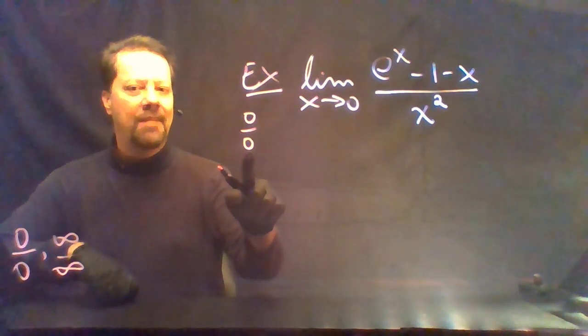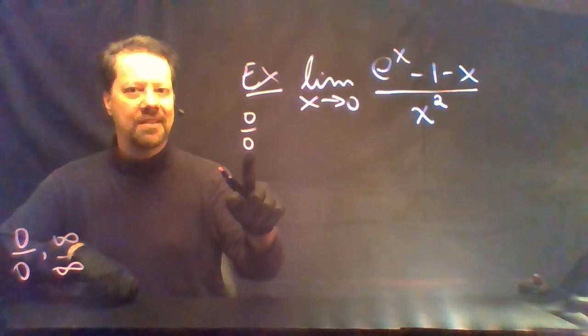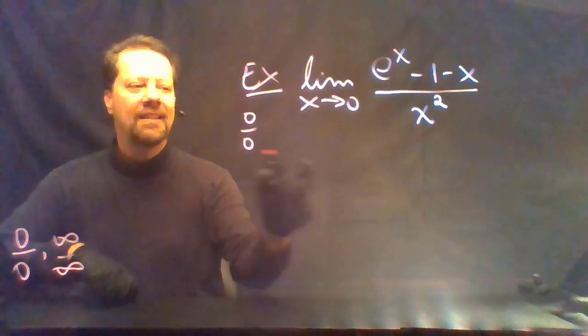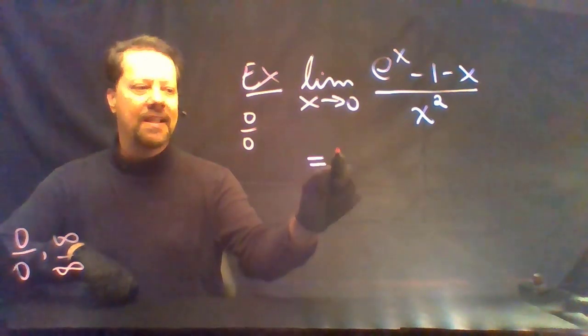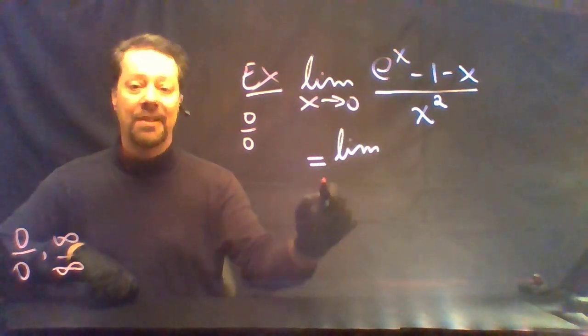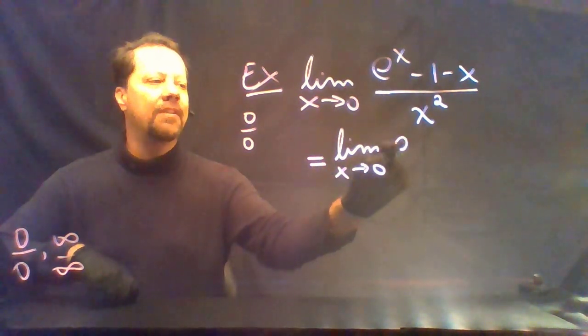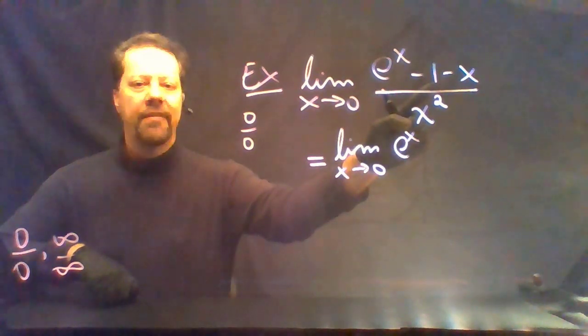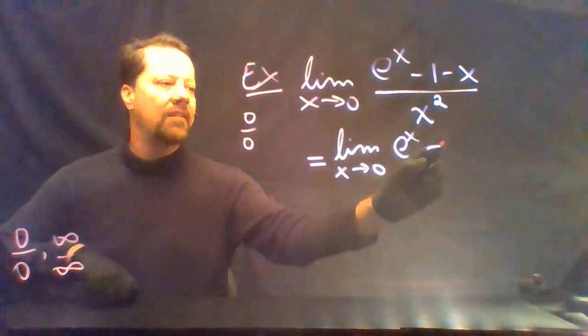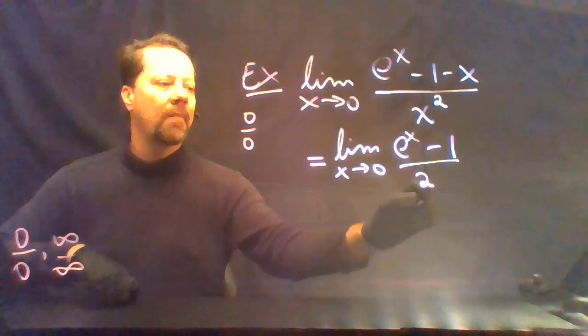In the context of limits, you'll recall 0 over 0 means more work. The nice thing about L'Hopital's rule is that the additional work is pretty simple. The derivative of the numerator is e to the x, the derivative of 1 is 0, and the derivative of x is 1.